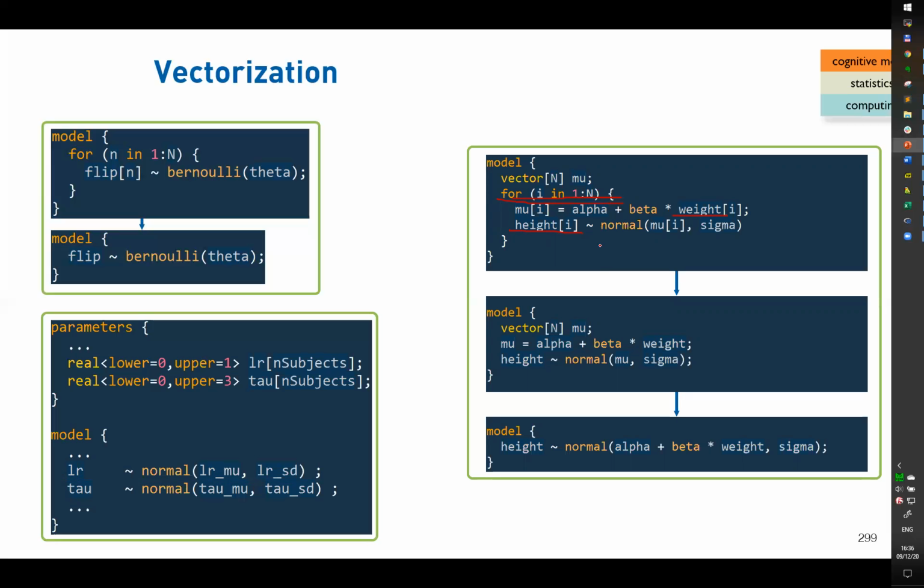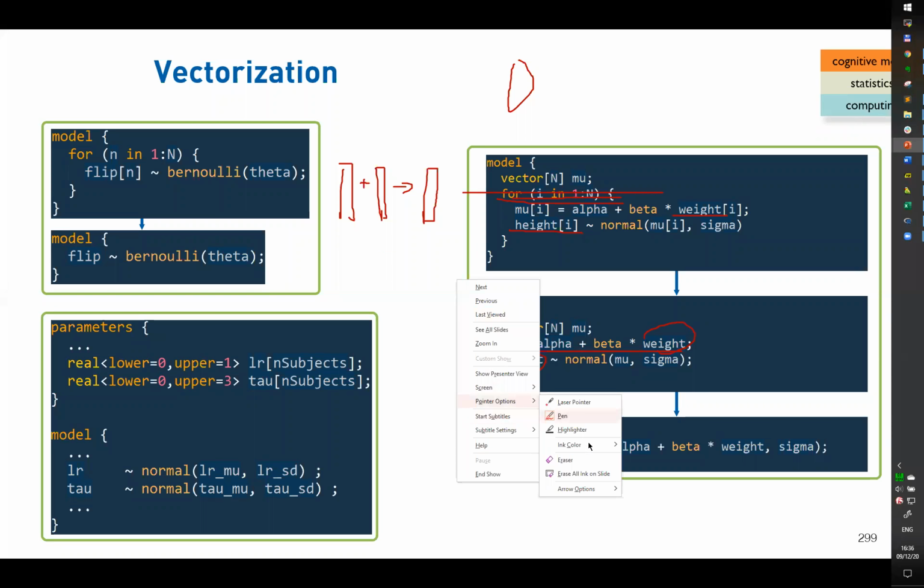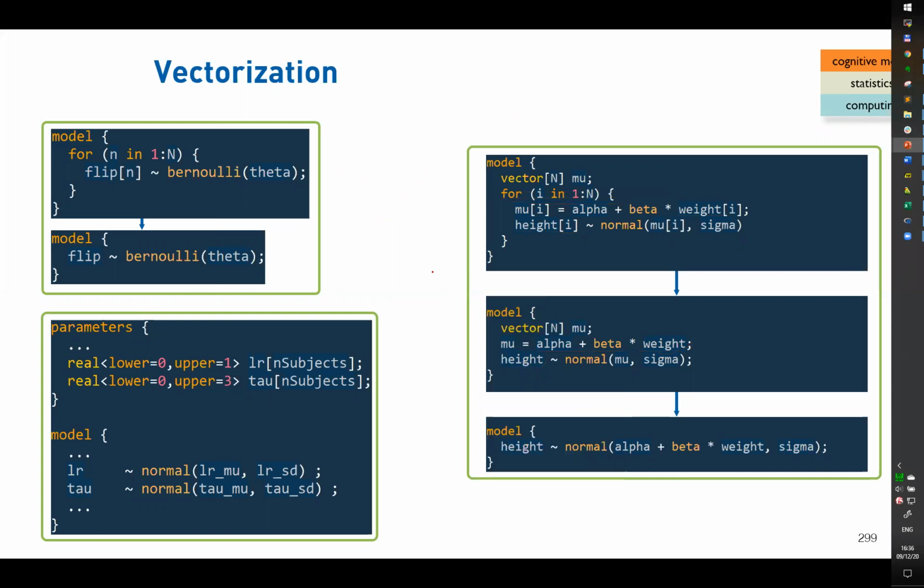But since we know Stan supports full vectorization, we just want to get rid of the for loop so that this is a vector, this is also a vector, okay? So recall, this is a vector plus a vector with the same size, it just becomes another vector, right? So vectorization. Good. So those are the first three methods to optimize your Stan code.